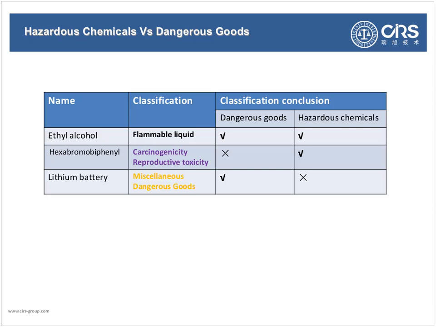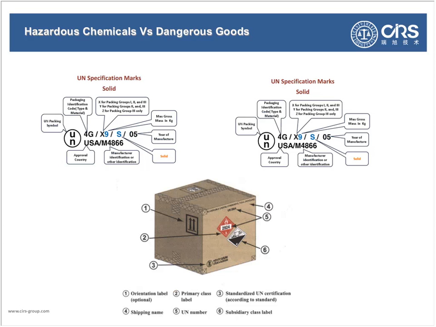After you confirm the classification of your hazardous chemicals, you can prepare the package. Generally, here we list some examples, no matter whether your chemical is solid or liquid.